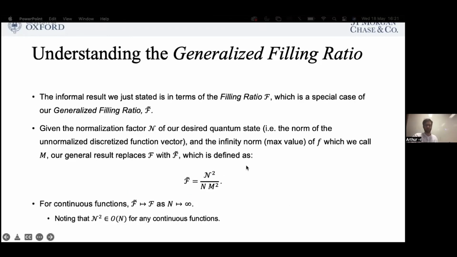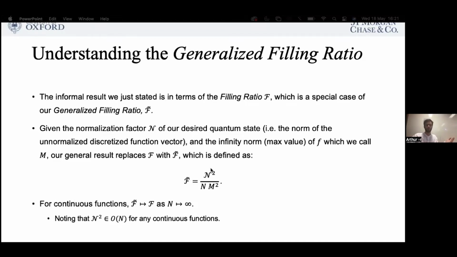Sorry, just as a quick note, when you present the result in terms of this generalized filling ratio, you can actually use the algorithm to solve unstructured search, but obviously you would expect to not be able to do that efficiently, and it turns out to be the case. In the unstructured search case, the filling ratio is of order big N, or sorry, big N squared, or the square root of big N. So the actual cost of the algorithm asymptotically is of order N, so it's quadratically worse than performing unstructured search in the normal way if you were to try performing it directly via state preparation.